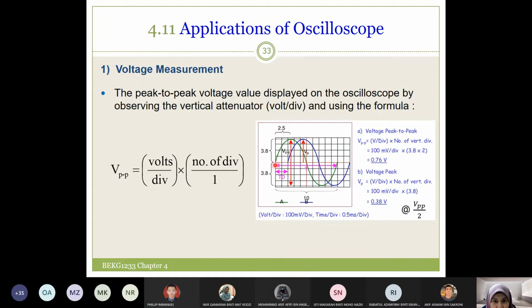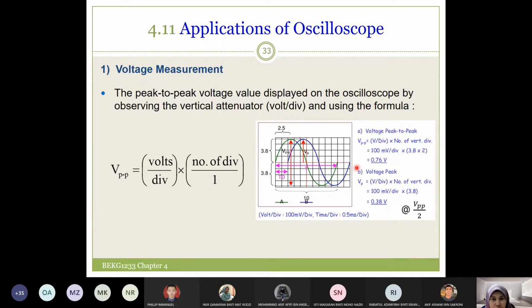So this is origin, 1, 2, 3, and about 3.8. Okay, and then same for the negative direction, 1, 2, 3. So 3.8 plus 3.8, or 3.8 multiplied by 2, we get 7.6.